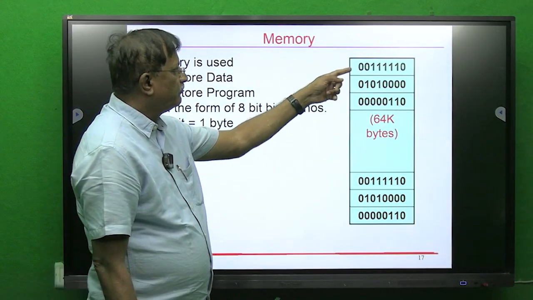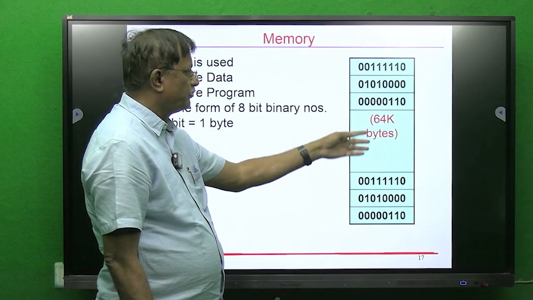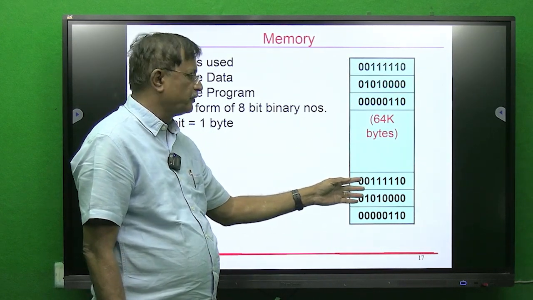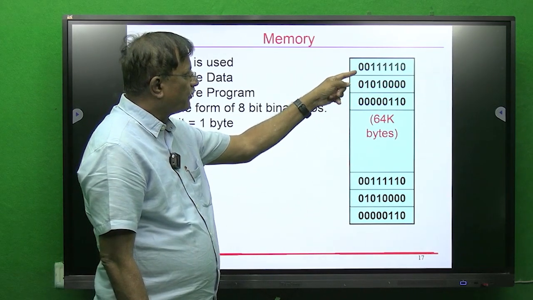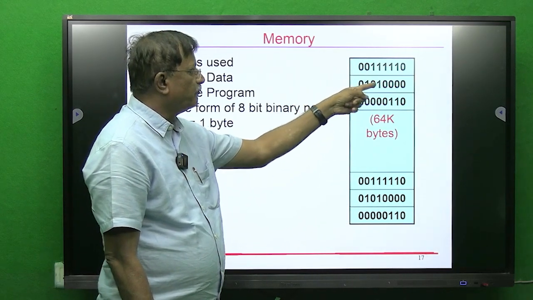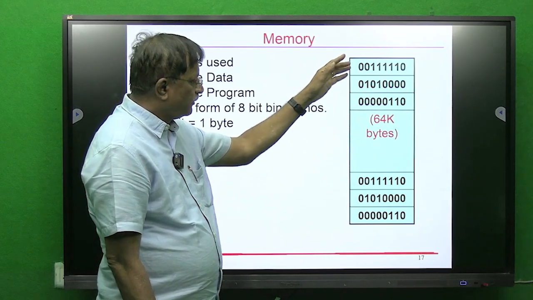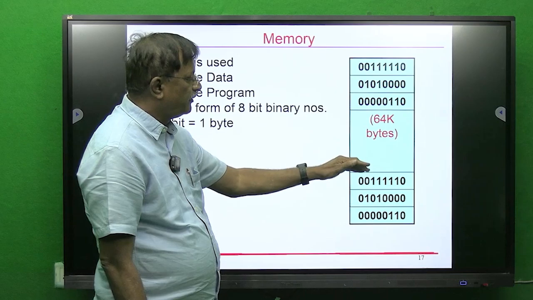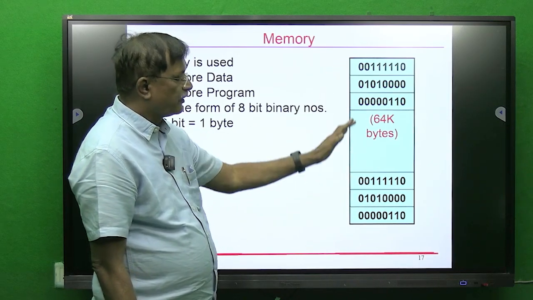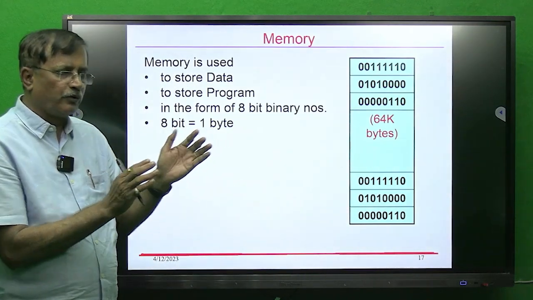So you may have a number of memory locations. Suppose here 64k memory locations are there, 64,000. In each memory location you can store an 8-bit number, and in this memory you can store 8-bit numbers as data or 8-bit numbers as a program. So this memory will be divided into two areas.